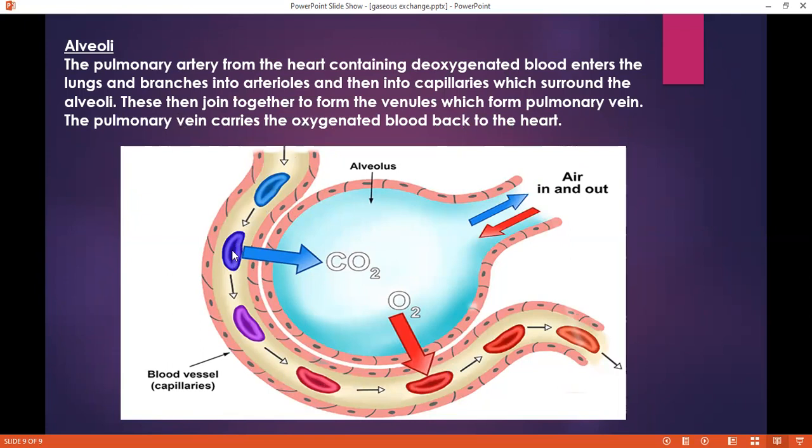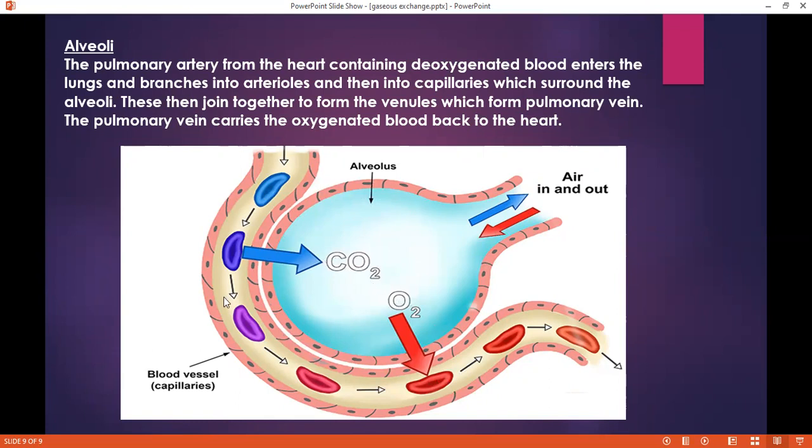Deoxygenated blood, this blue color, shows the blood having carbon dioxide, and the red color shows that these RBCs have oxygen. So what happens here? This is the alveolar sac. This is a round pouch-like structure, the alveolar sac, in which air is present, which we just breathe in.